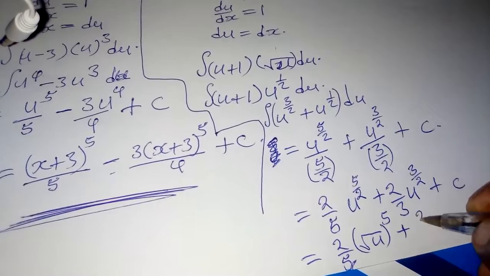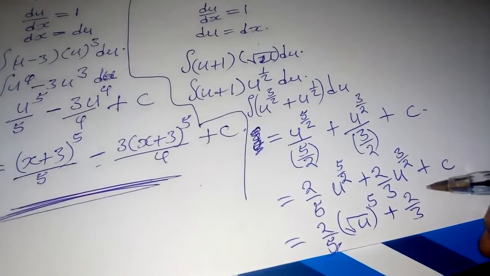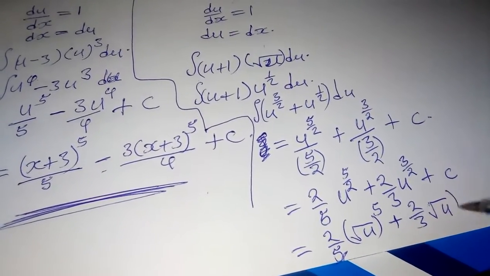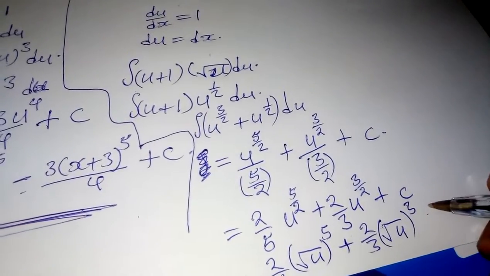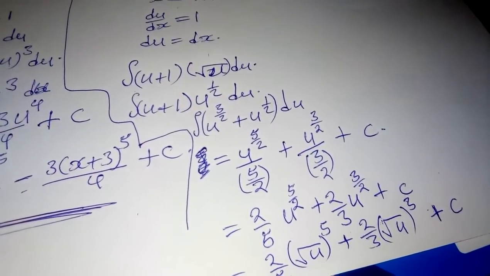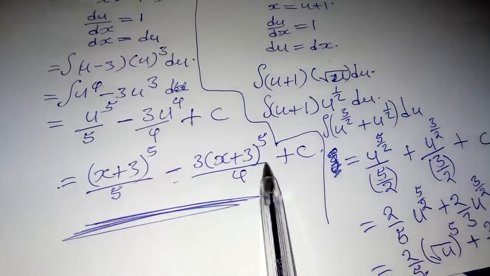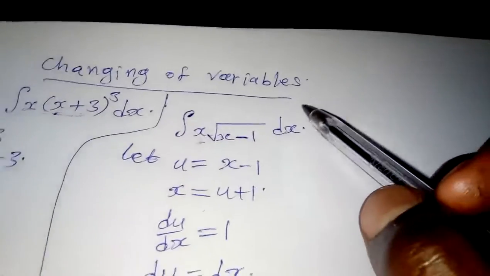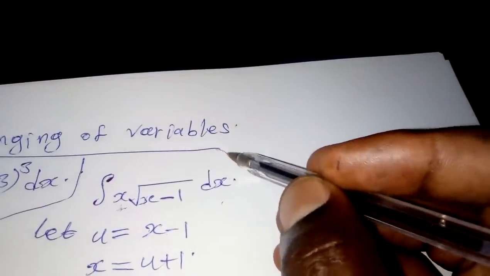Then you're going to have 2 over 3 times the root of u in brackets like that, raised to power 3, plus c. In the same way, where there is u, we're going to replace it with x minus 1. So in short, the solution is going to look like this.